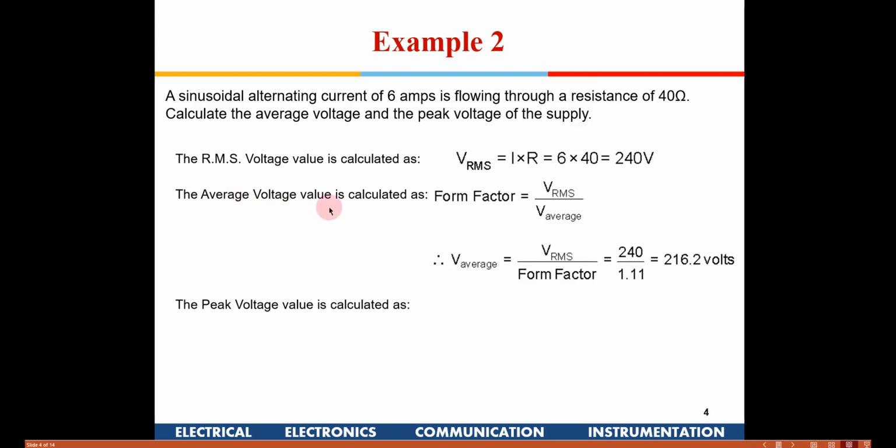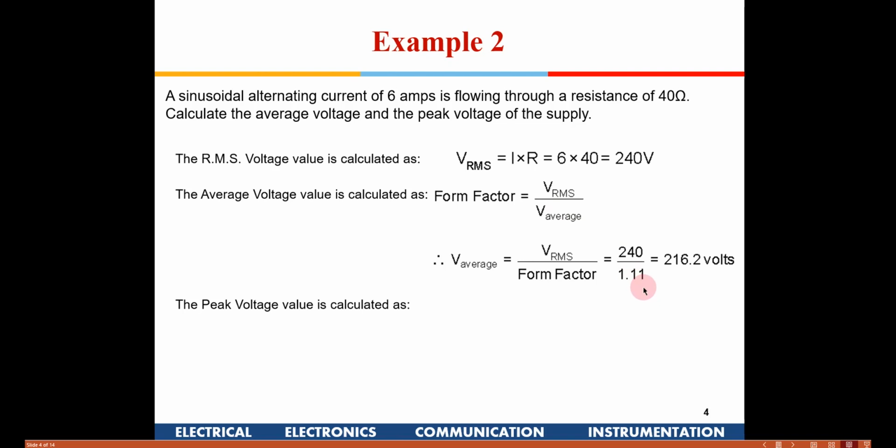Similarly, the average value of a sinusoidal: like I said, if you take an average of a sinusoidal over 2 pi duration, it will be 0. But conventionally, when we call the average of a sine value, we take only the average of the positive cycle. From 0 to pi we integrate it. So we know it is the RMS value divided by 1.11.